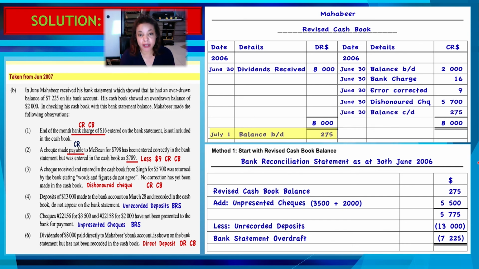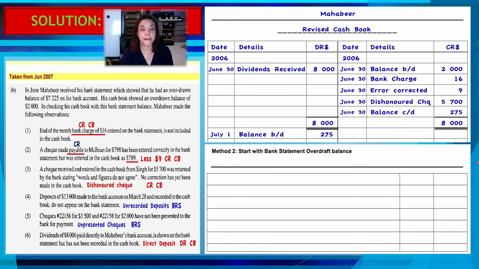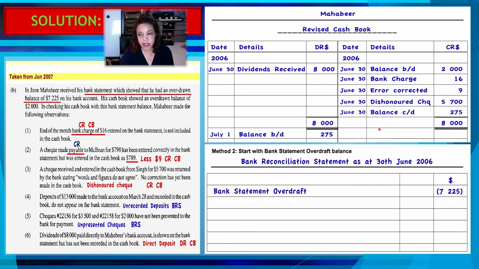If they, however, ask you to start with the bank statement balance, you have to follow what they're asking you for. So we will therefore start with the balance that they gave us, which is overdraft, 7,225, and notice it's in brackets to represent a negative figure.